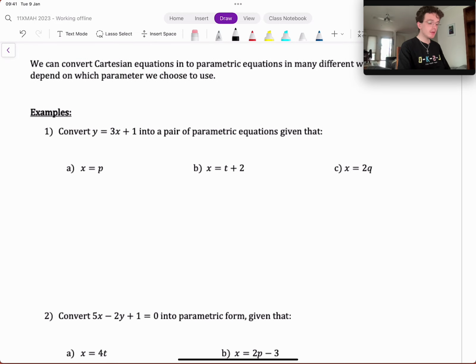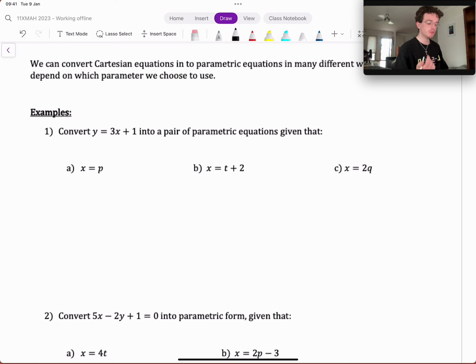Now we can also go back the other way. So to convert y equals 3x plus 1, we're going to convert it into a pair of parametric equations. Now we can convert it in many different ways. For example, we talked about time before. You might convert it and you want to know the relationship in chemistry between mass and reaction time and energy produced or something like that.